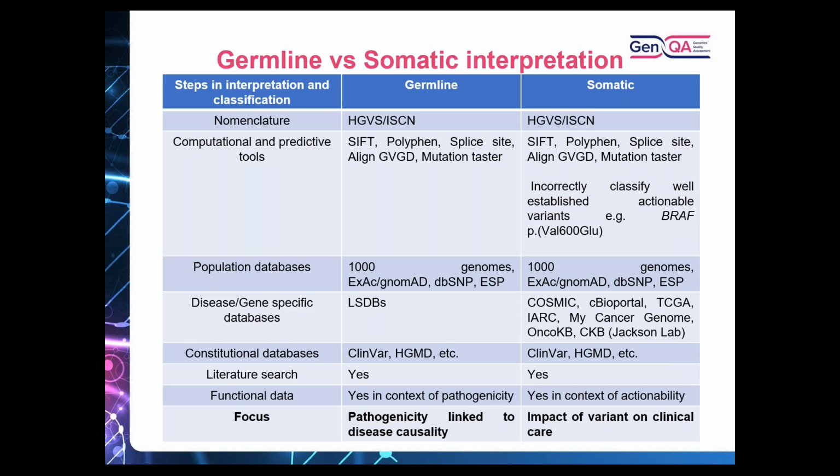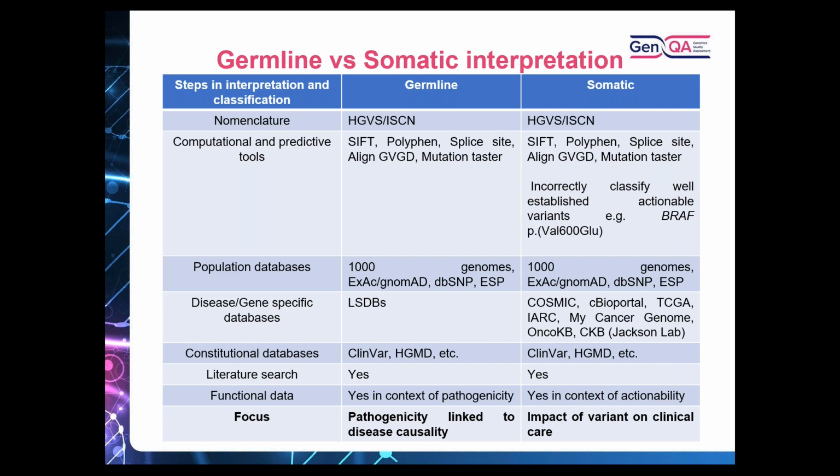Specifically, disease and gene-specific databases tend to use locus-specific databases in a germline setting, whereas in a somatic setting, it's very much focused on databases such as COSMIC, cBioPortal, TCGA, and there are lots of new resources coming online which are very useful as well, like OncoKB and the clinical knowledge base from Jackson Lab. Then there are also constitutional databases used in both settings, such as ClinVar, HGMD, CIViC.